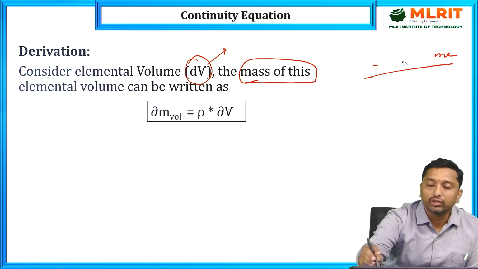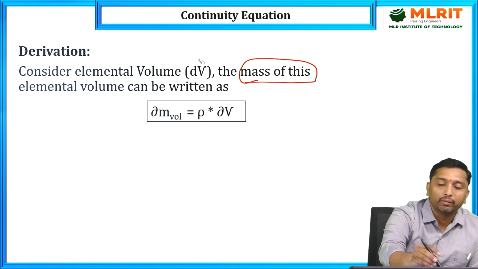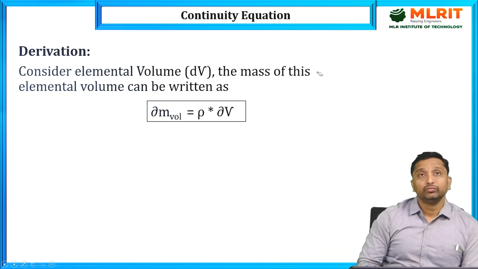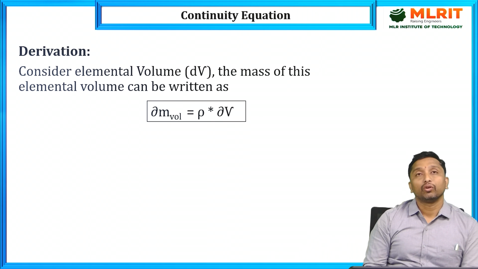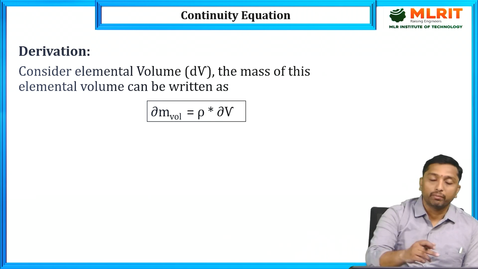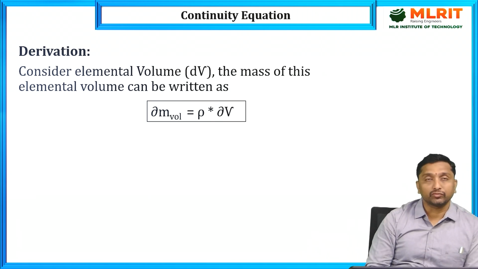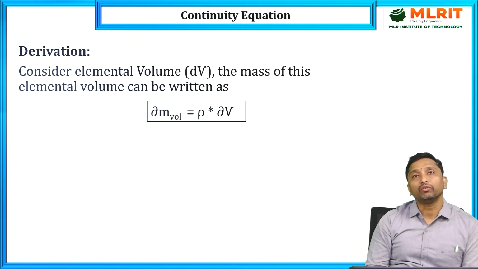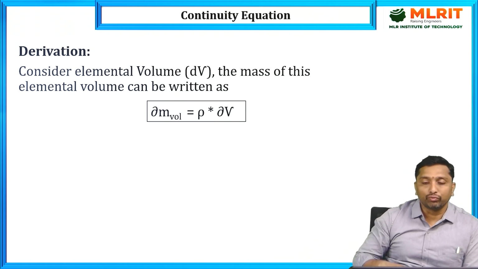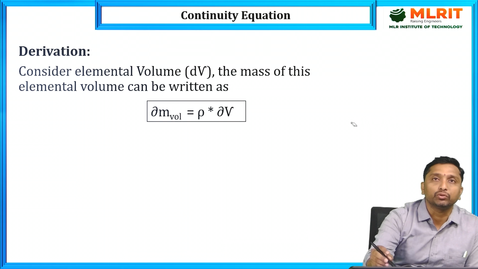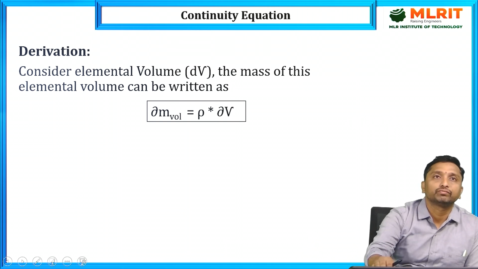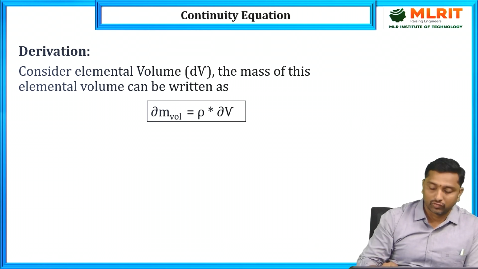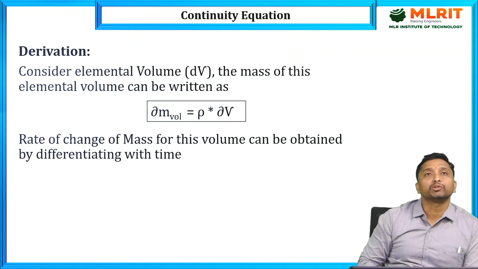So this is the volume and mass relation. Multiplying density with volume, we will get mass. Now according to the equation, we need the time rate change of mass. So for that, we will differentiate it with respect to time.